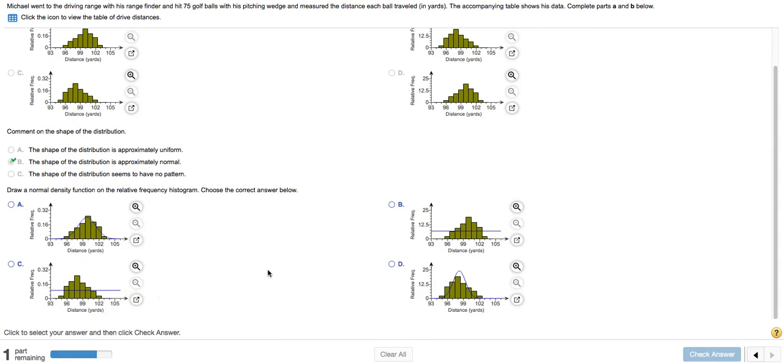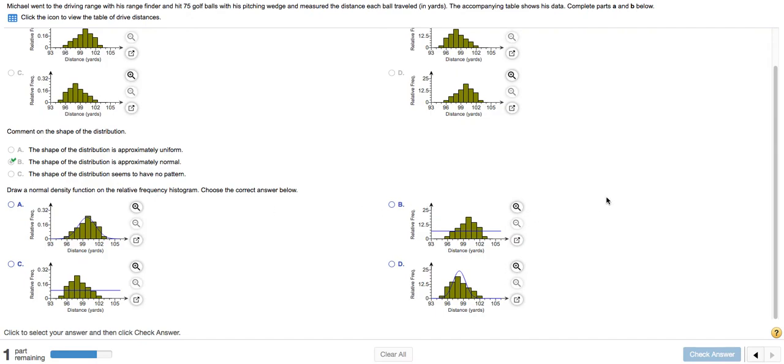This does not match the data set at all. If you look at A and D, those are pretty good, but there's already a problem with D, and it's the scale. It shouldn't go from 0 to 25. It should still go from 0 to a number less than 1. By process of elimination, it's got to be choice A.